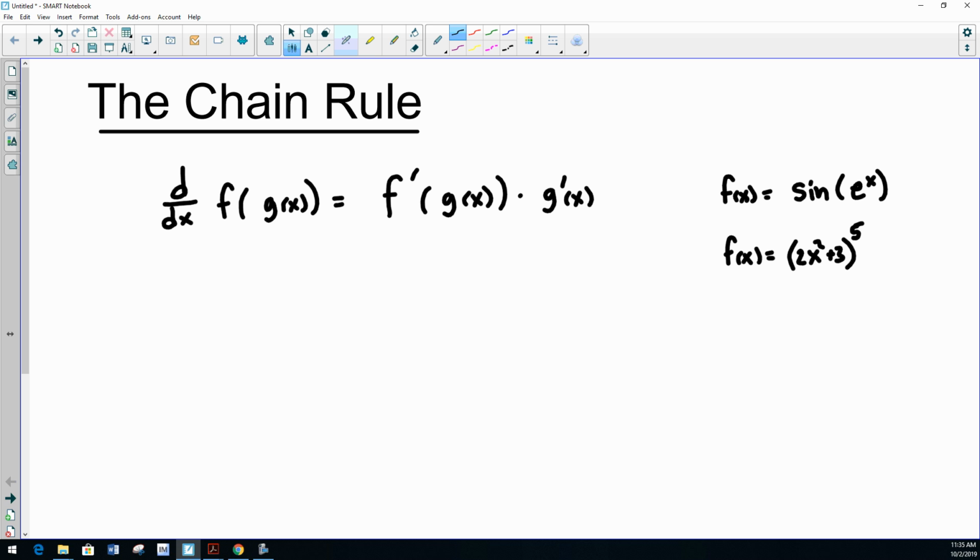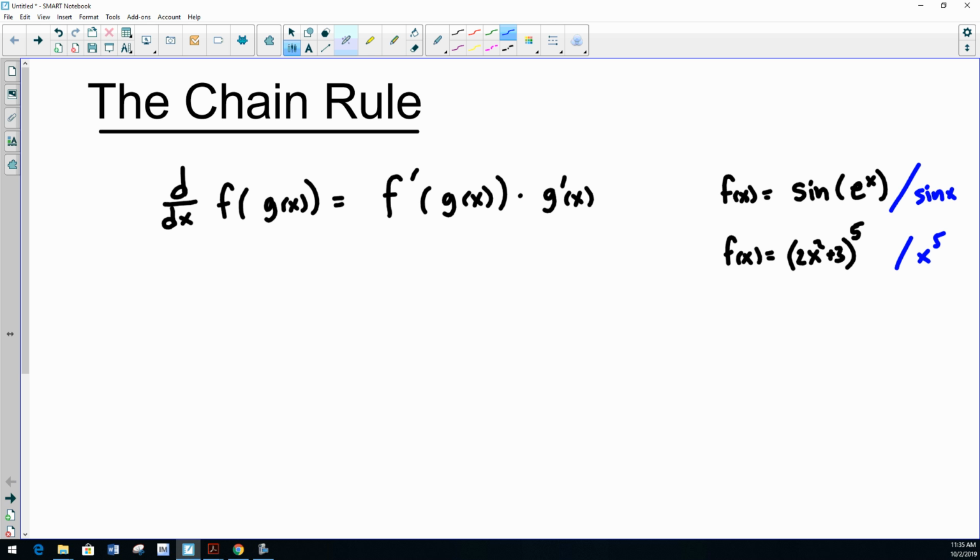We don't know the derivative of this, but I do know the derivative of this one. We know the blue ones. The derivative of sine is cosine. The derivative of x to the 5th is 5x to the 4th, right? But as soon as it's a composition, as soon as it's made out of more than one function, we just don't know the derivative. We have to use the chain rule.